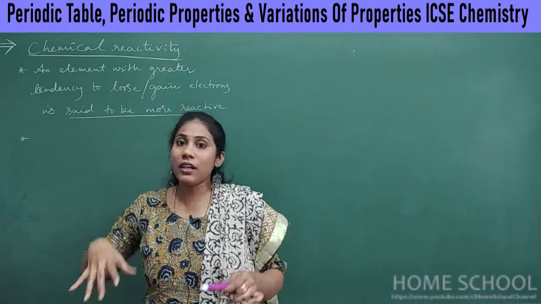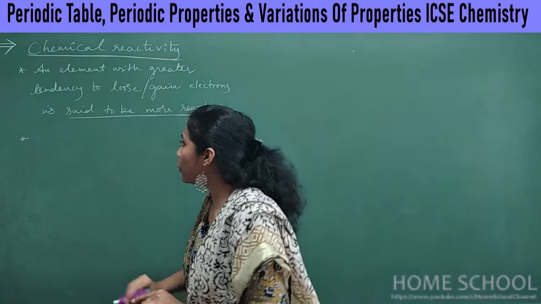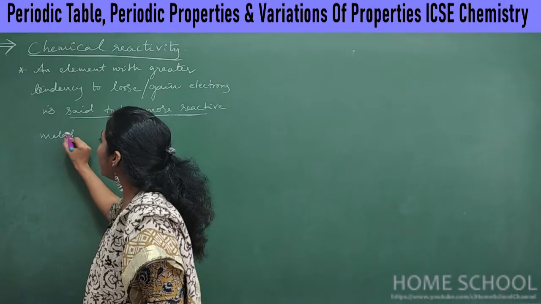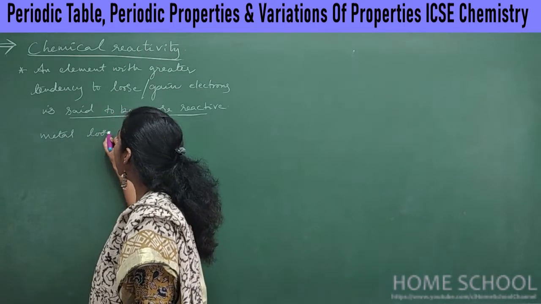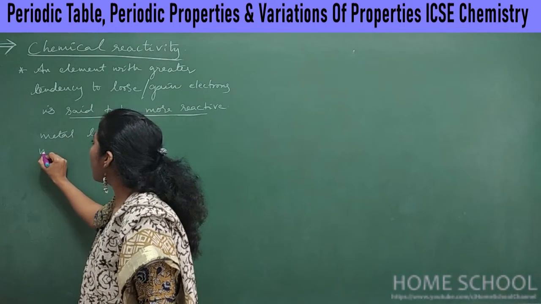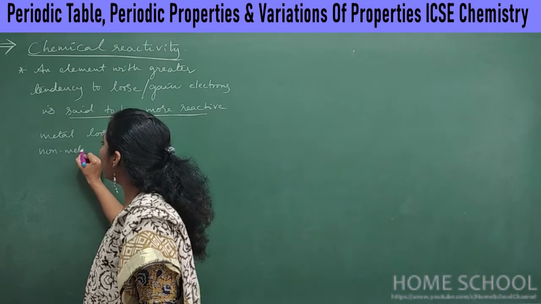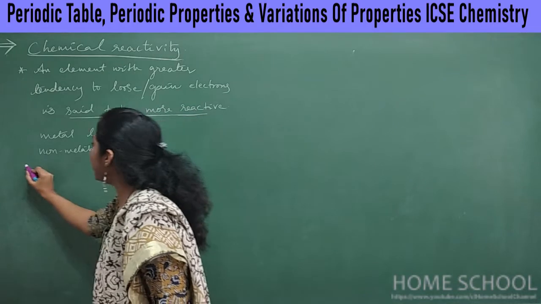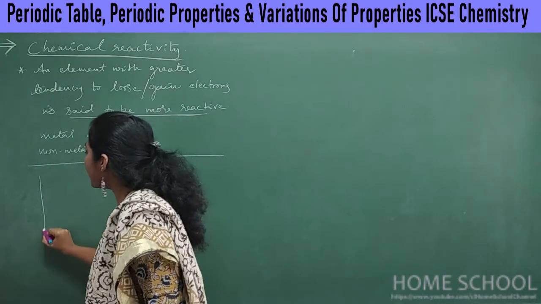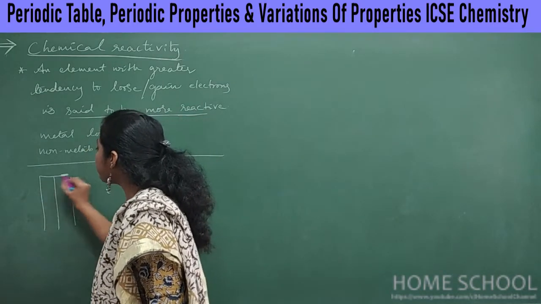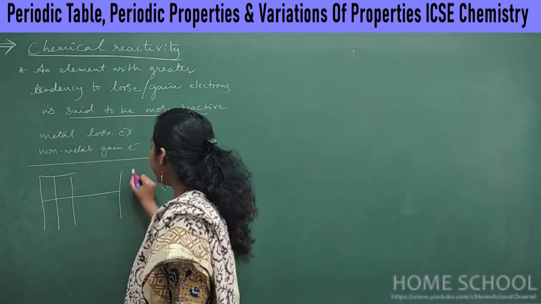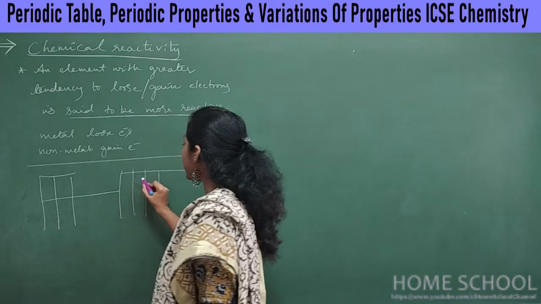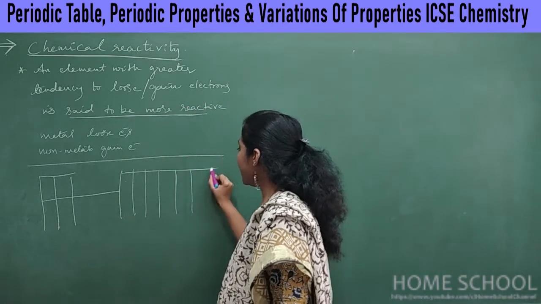Among so many elements, we now know that metals lose electrons and non-metals gain electrons. If you check the periodic table, as I have already mentioned, you will have 18 groups. Among these, say this is 13, 14, 15, 16, 17, 18.